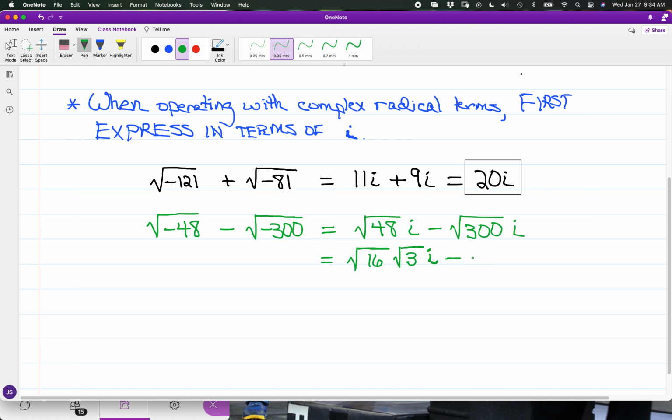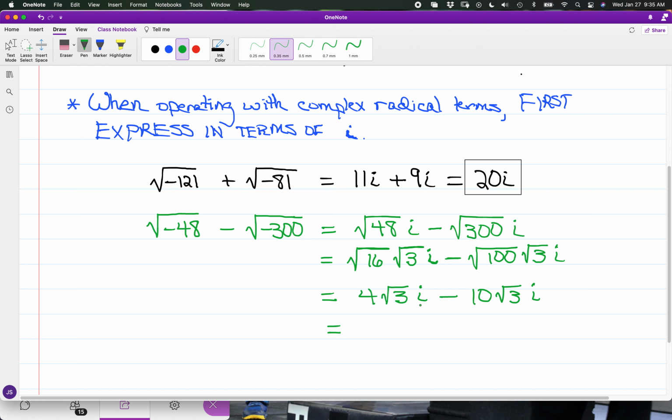For the square root of 300, not a perfect square, but the highest perfect square that will go into it is 100. Looking at what we have here, the square root of 16 is 4, times the square root of 3 times i. And the square root of 100 is 10, times the square root of 3 times i.